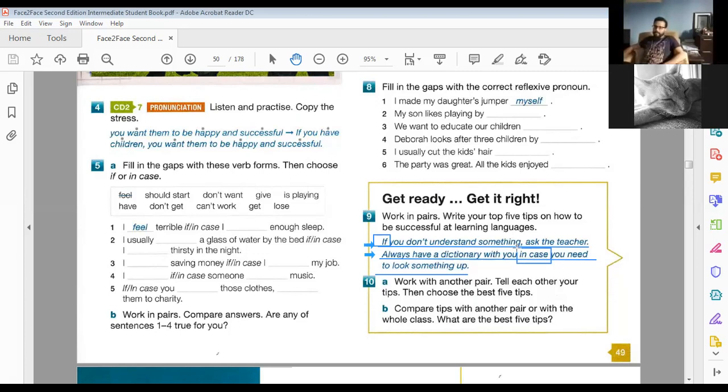But I'm going to give you some time. Let's say 5 minutes, 4 minutes, or maybe less. So I'd like you to think of 5 sentences, which are basically tips and maybe advice on how to improve my learning or how to learn English faster. That's the idea. Okay.